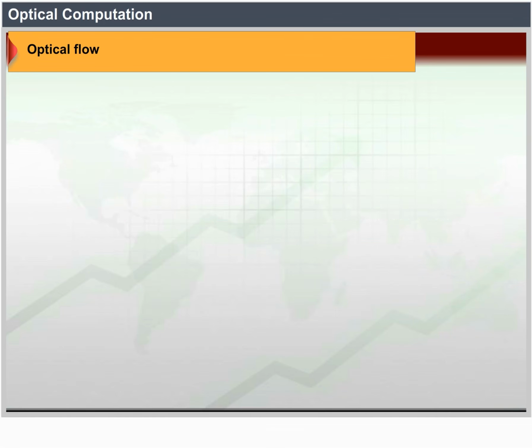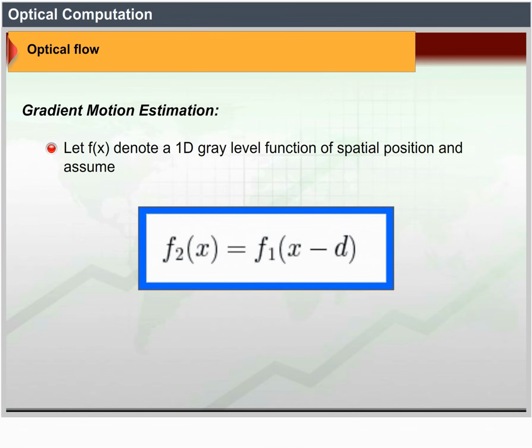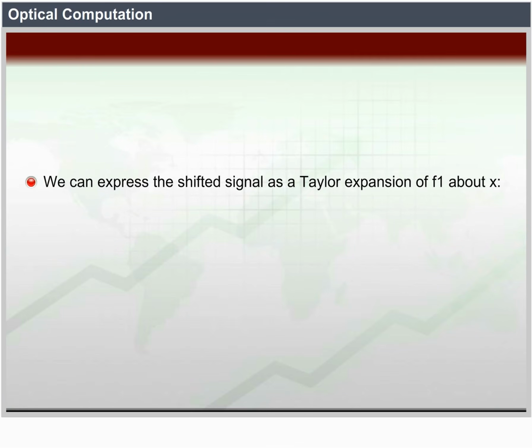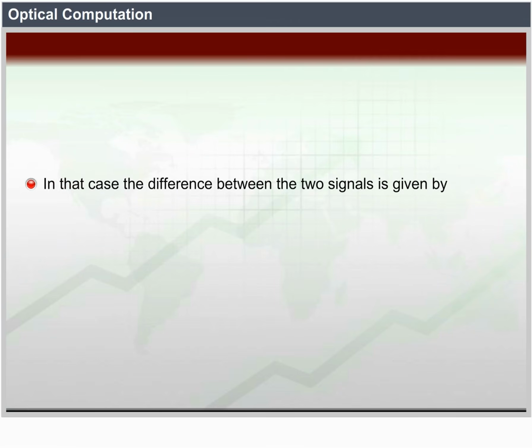Gradient motion estimation. Let f of x denote a 1D gray level function of spatial position and make the following assumption. f of x is translated by d between time t1 and t2. We can express the shifted signal as a Taylor expansion of f1 about x as shown, in which case the difference between the two signals is given by the equation.